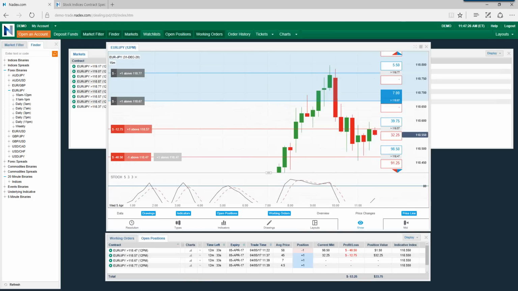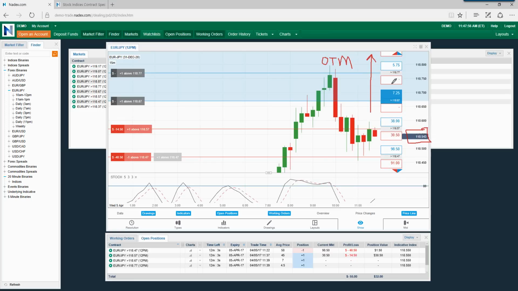This depends on whether you're going short or going long. If you are going long, which means you're going to buy a binary option, anything that is above where price is currently at, this is your indicative, anything above this will be considered out of the money.